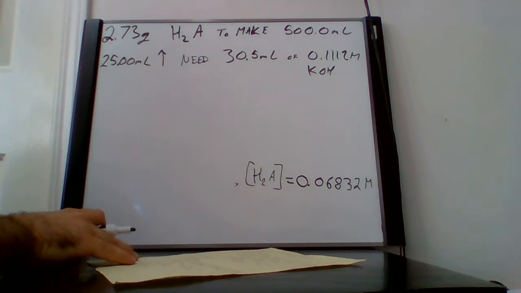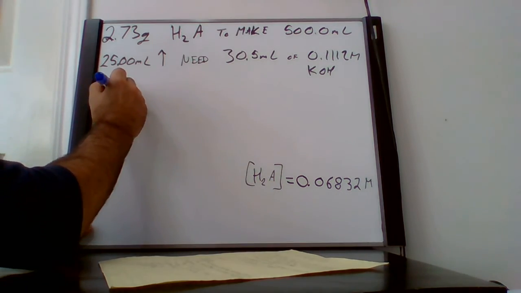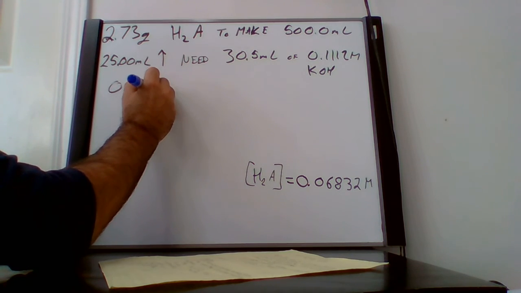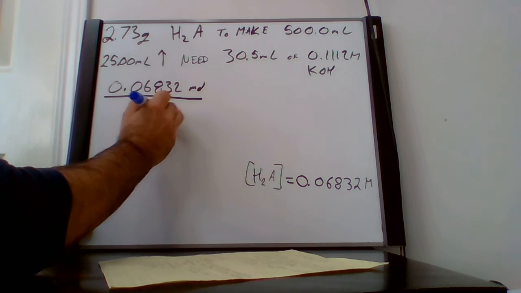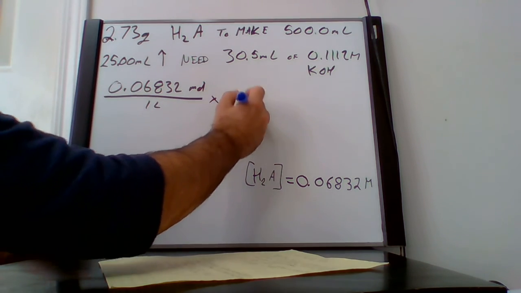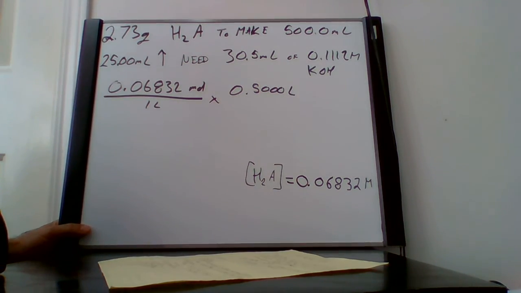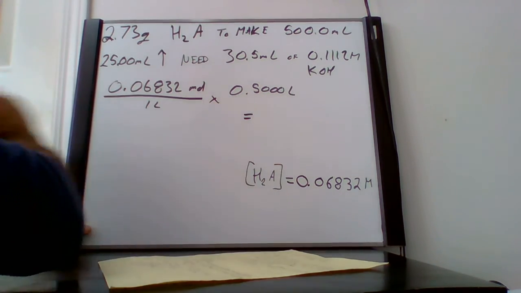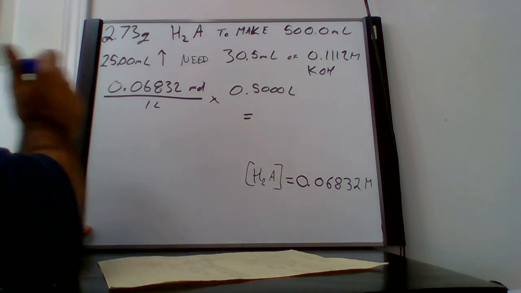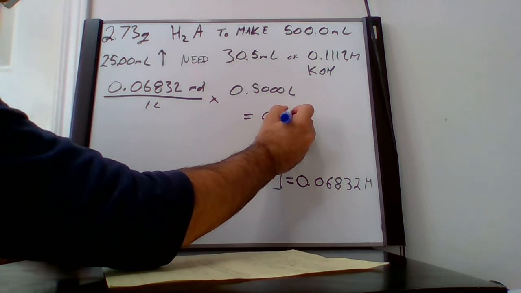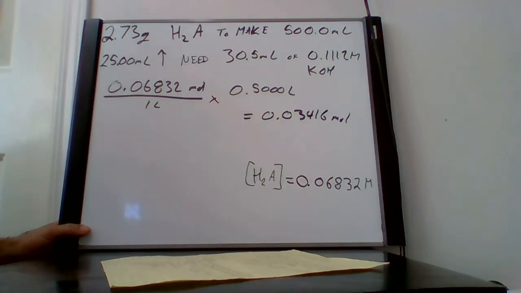So I've done all of this to figure out the concentration of this solution that I made. So if I take my 0.06832 moles per 1 liter, and I multiply that by my 0.500 liters, this gives me the number of moles I had from this acid. And that gives me 0.03416 moles.